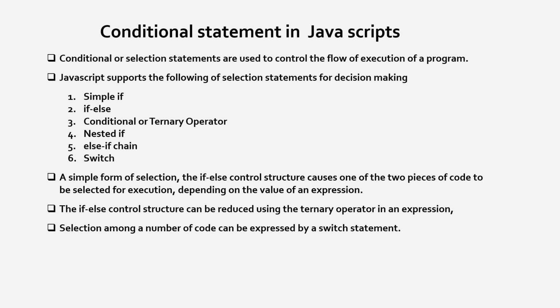If a condition is satisfied, what should be done? If it is not satisfied, what should be performed? These are the things we need to perform, and that is the normal case in any programming language. So how can that be done in JavaScript? That is what we are going to discuss.